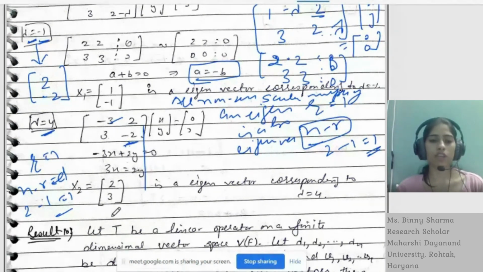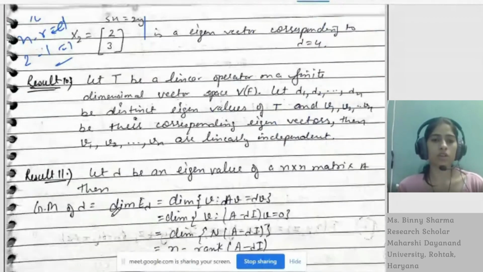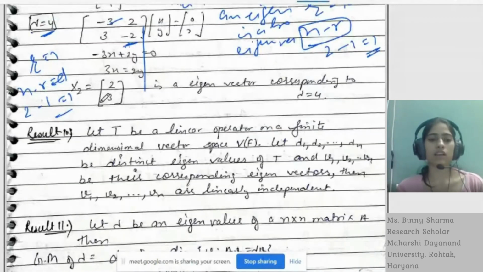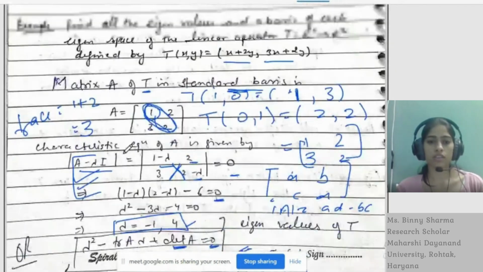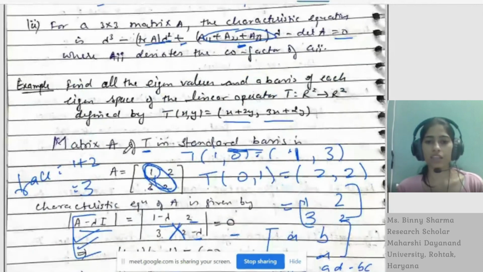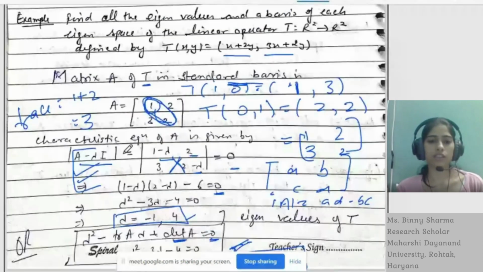In the same way, we find the eigenvector x2, that is (2, 3), corresponding to the eigenvalue 4. Now you must have an idea how to find the eigenvalues and the eigenvectors.